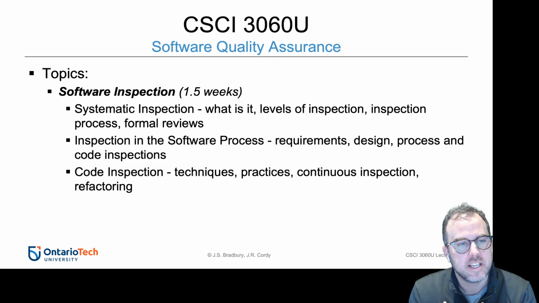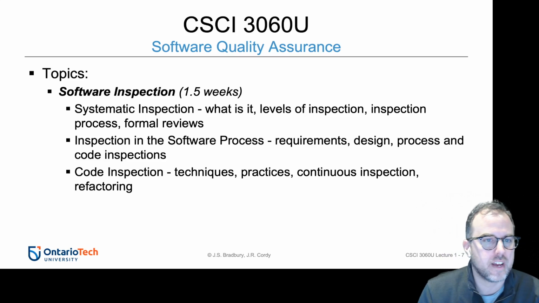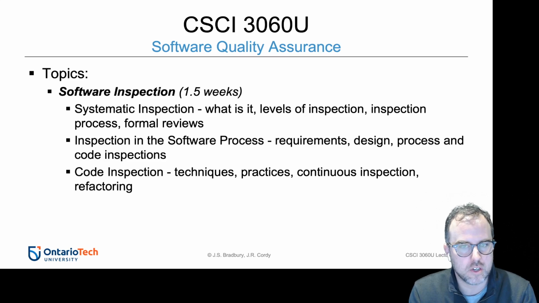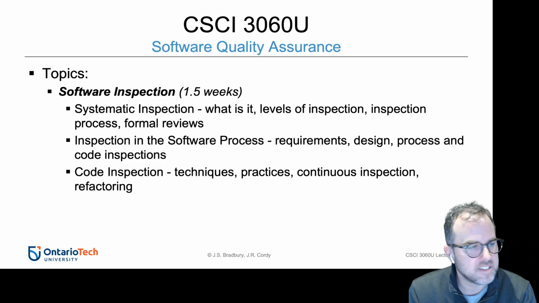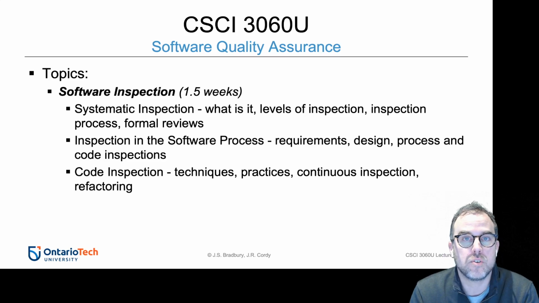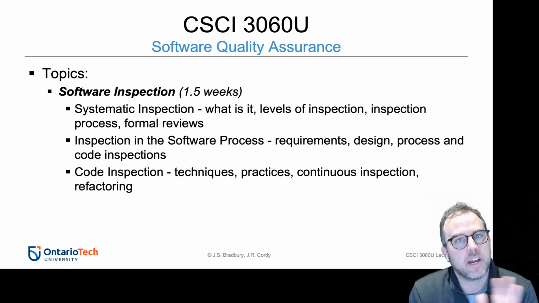Another way is to analyze and review it without running it. In software inspection, the emphasis is on the actual software artifact itself, like the source code or the design specification, and you review it and see if it makes sense. Often you can find different kinds of bugs by reading through the code than you can by running it.